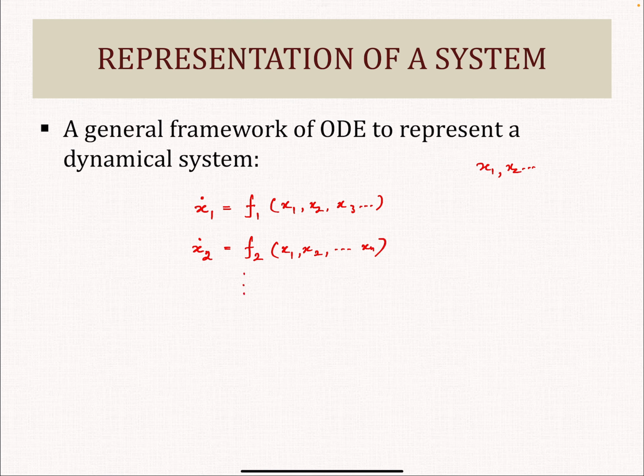In this way all the state variables may be functions of other state variables. So this is a general representation of a non-linear dynamical system, or any dynamical system, linear or non-linear. This is very important. And here we should mention that x dot is equivalent to dx by dt.